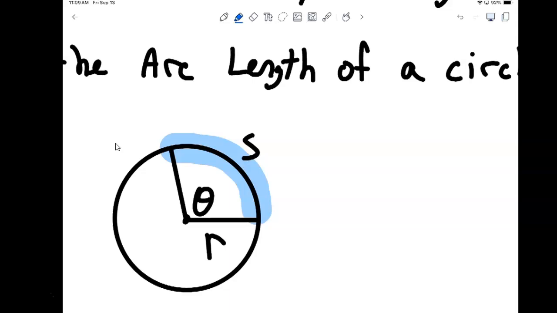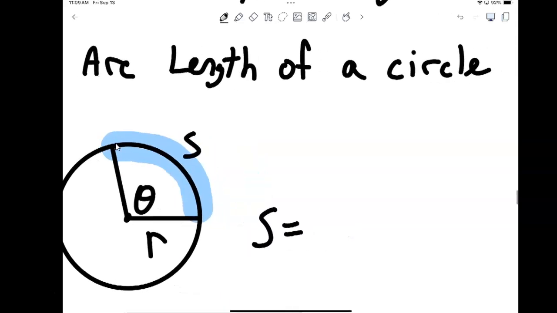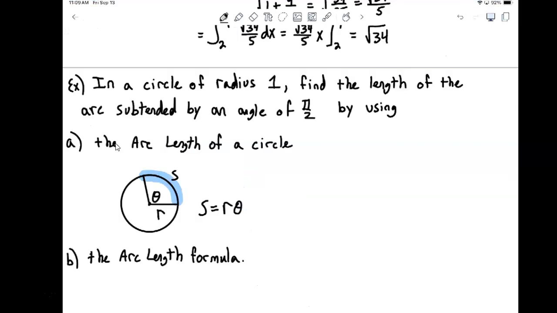It's the two ends of the arc, right? Then recall that if theta is in radians, then the arc length is just the radius times the radian measure of the angle.